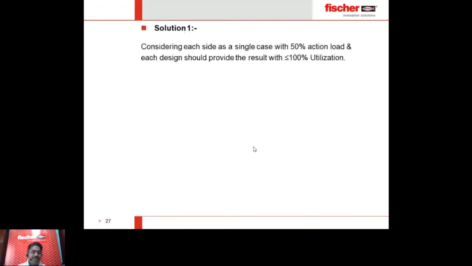You take case 1 as there is one base plate, no other base plate. Put 50% of your horizontal load and 50% of your tension load, and go for utilization less than 100%. So this anchor is now working in both shear and tension.